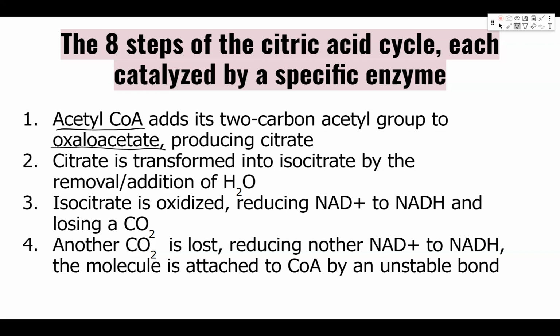If you want to commit any of these intermediates to memory, you do not have to. Oxaloacetate is like the big one, because it's in our first step. So, we're going to add acetyl-CoA to oxaloacetate, and we're going to get citrate. Citrate is then transformed into isocitrate by the addition and removal of water.